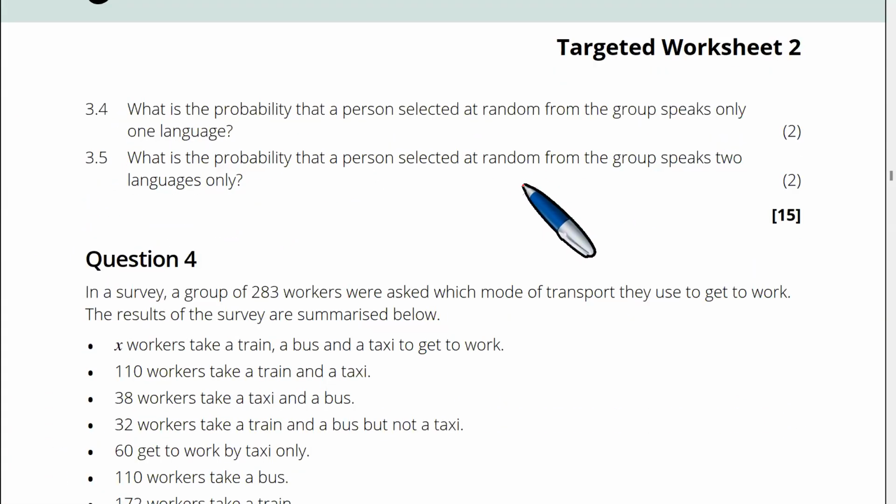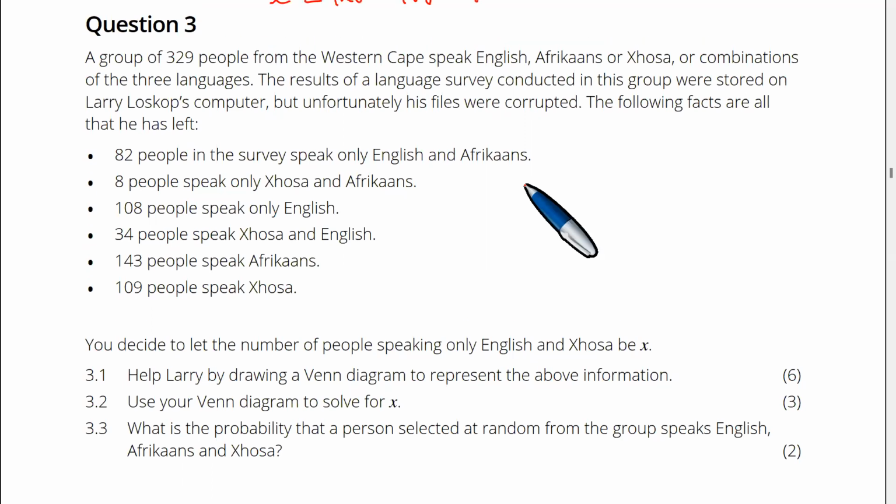This one is about the people of the Western Cape. In the Western Cape, a group of 329 people from the Western Cape speak English, Afrikaans or Xhosa, or combinations of these 3 languages.